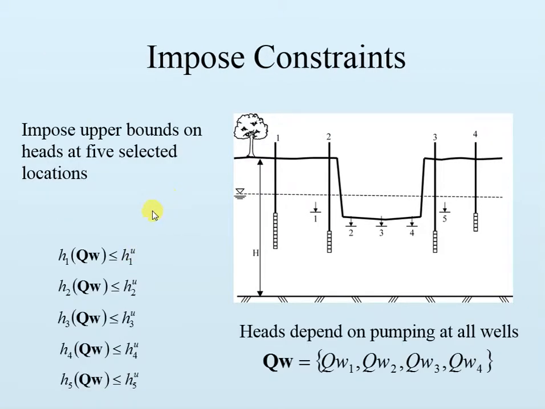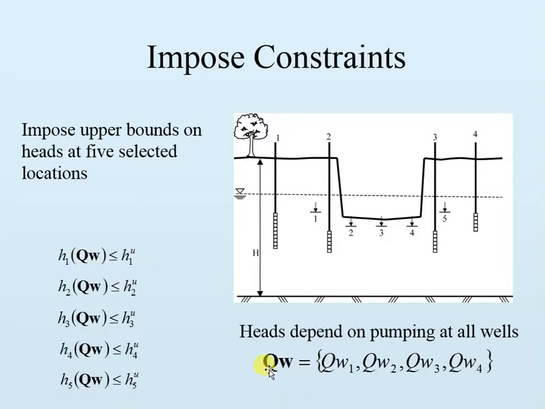So first let's look at the constraints. We're going to select 5 locations, which are indicated here, 1, 2, 3, 4, 5, and require at each of those locations, here indicated by the subscript, that the head be less than or equal to an upper limit. So the water table or the piezometric surface must drop below these indicated levels at each of those points.